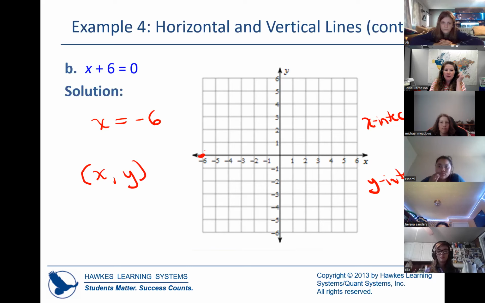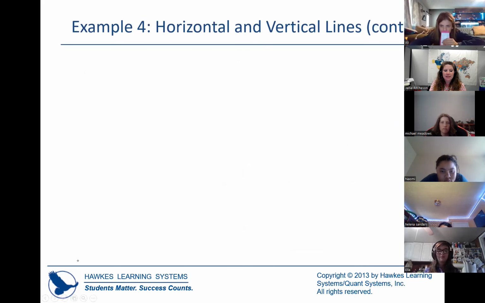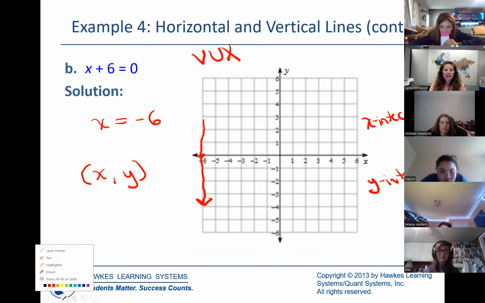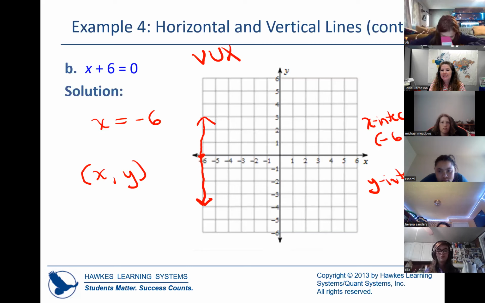So when I make my vertical line, VUX, over here, I definitely have an x-intercept. And remember, your x-intercept is the x value when y equals 0, right? So the x-intercept is (-6, 0).